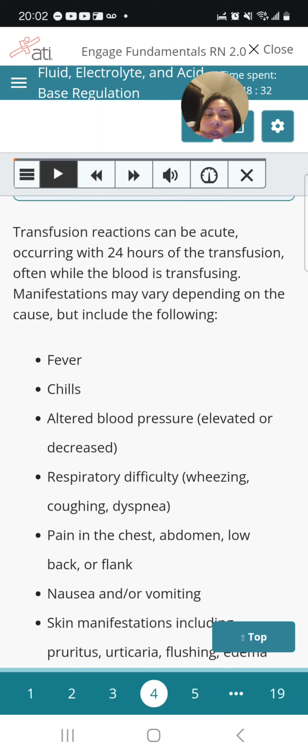Okay, so transfusion reactions can be acute, occurring within 24 hours of the transfusion, often while the blood is transfusing.